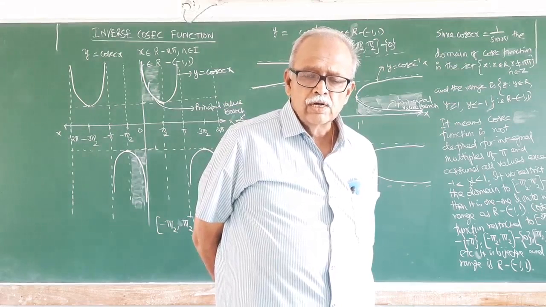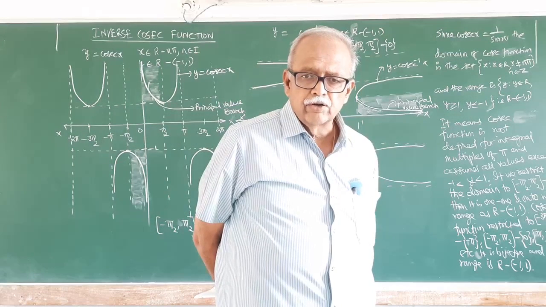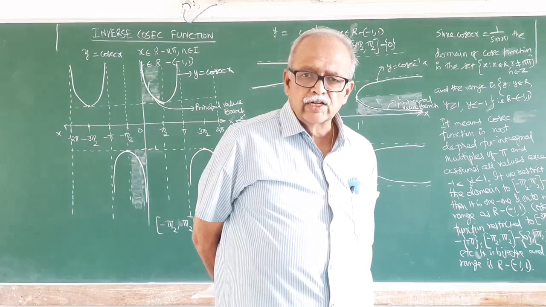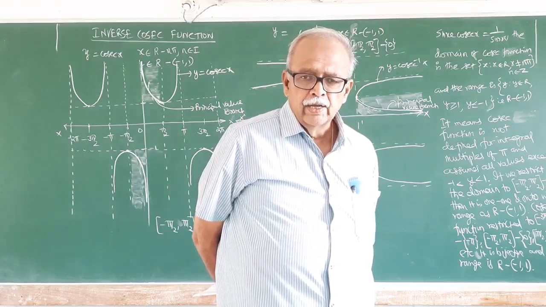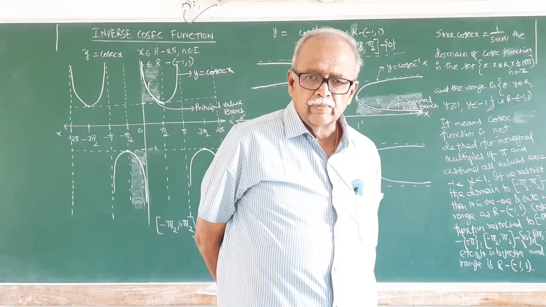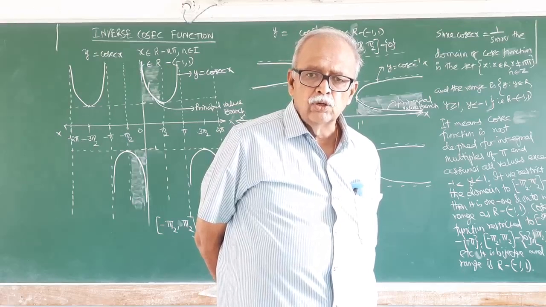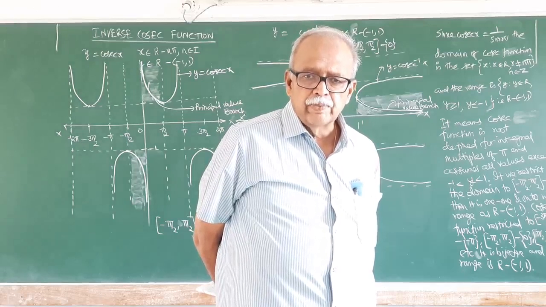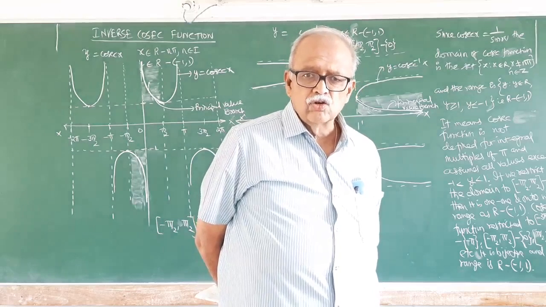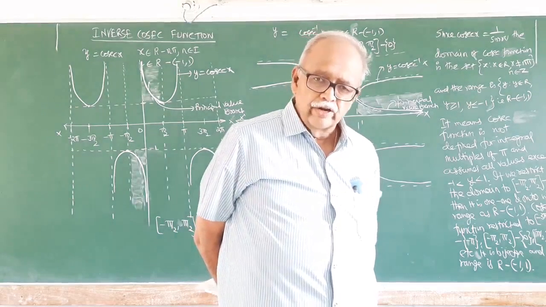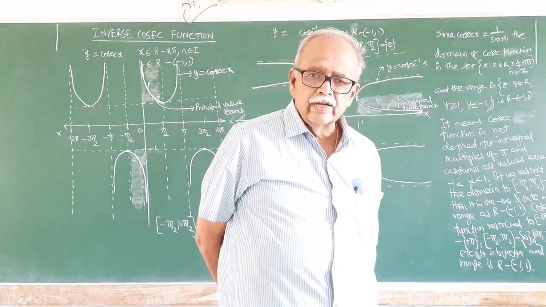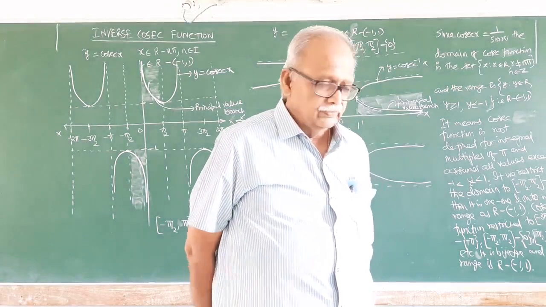Those intervals are [minus 3 pi by 2, minus pi by 2] minus {minus pi}, [minus pi by 2, pi by 2] minus {0} and [pi by 2, 3 pi by 2] minus {pi}. So in these intervals also cosecant x is bijective, so we can get the inverse cosecant function.